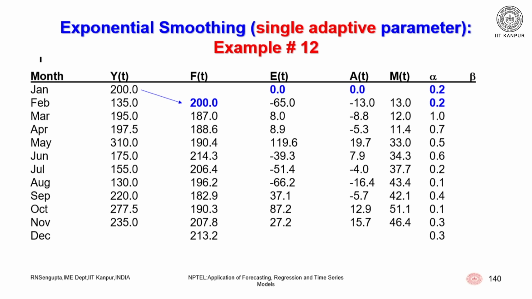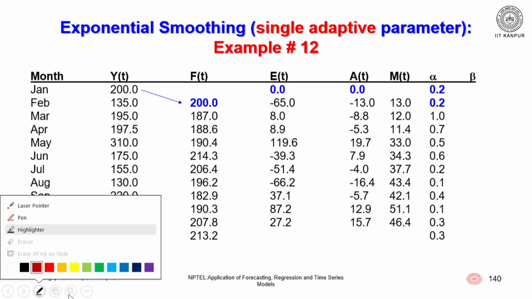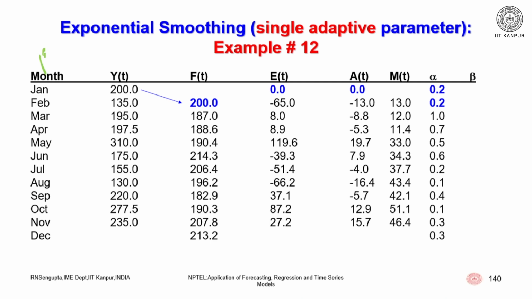In the first column you have the month, in the second column you have YT, in the third column you have FT, in the fourth column you have ET, which is the error, and then the fifth, sixth, seventh and eighth are the corresponding values for AT, MT, alpha and beta.